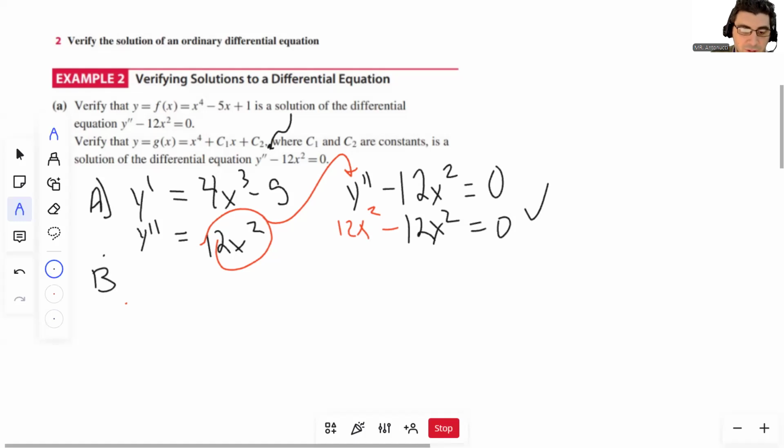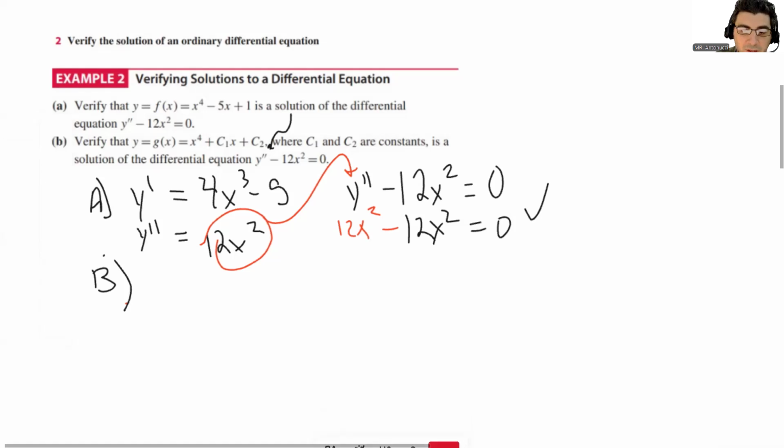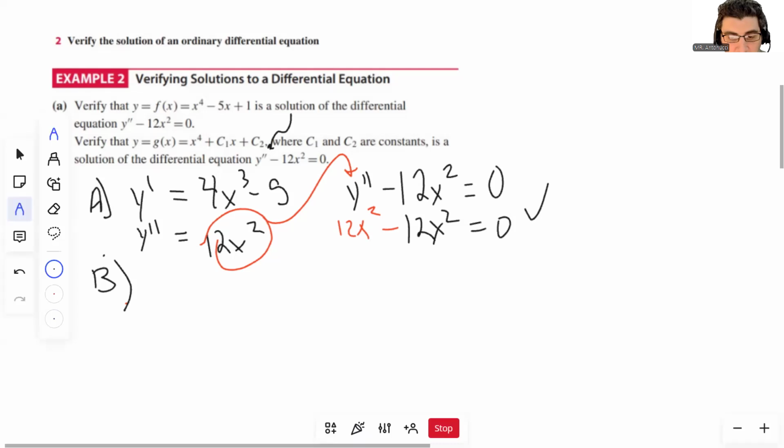If we go to equation B, g of x is x to the fourth plus c1x plus c2, where c1 and c2 are both constants. So again, since we're looking at the same differential equation with y double prime, we have to get the first derivative, which would be 4x cubed plus c1, because c1 stands for a constant, and so for c2, the derivative of that would just be 0.